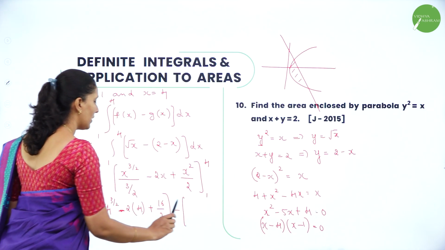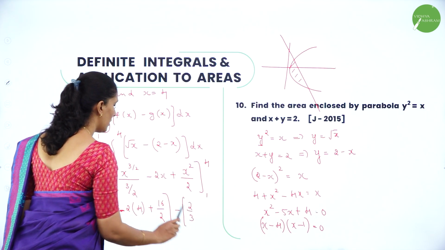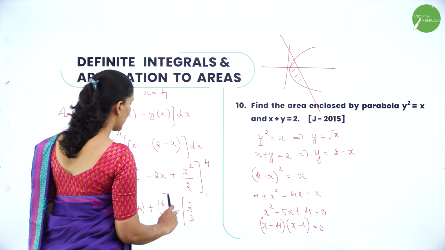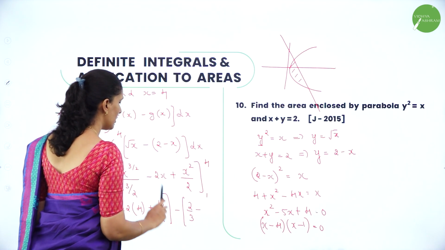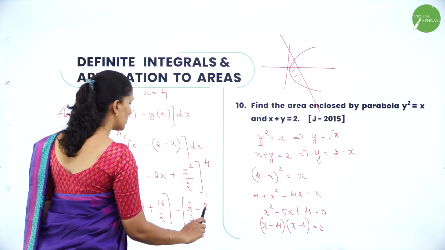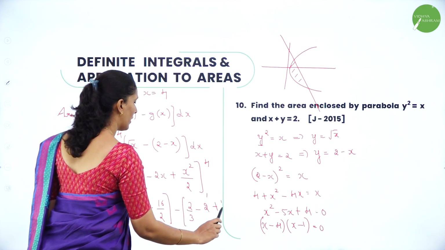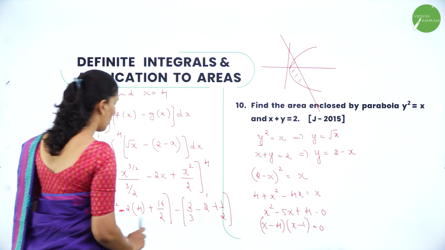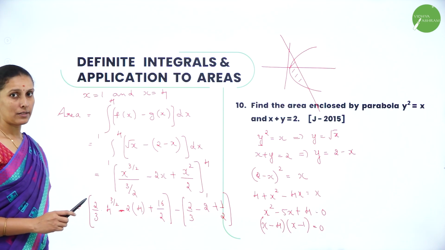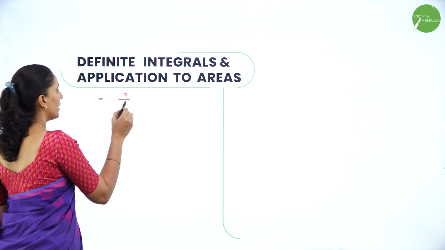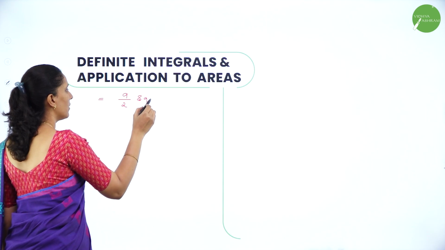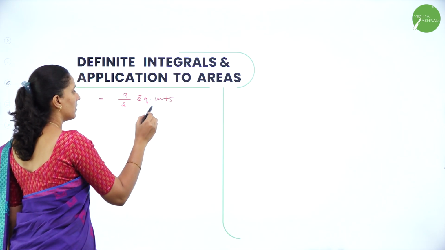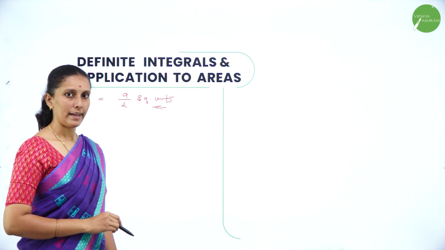Minus, again we have here 2 by 3 into 1 to the power anything, which can be considered as 1, minus 2 into 1 becomes 2, plus 1 by 2. On solving these numericals, we'll get the value as 9 by 2 square units. So this is the required area.